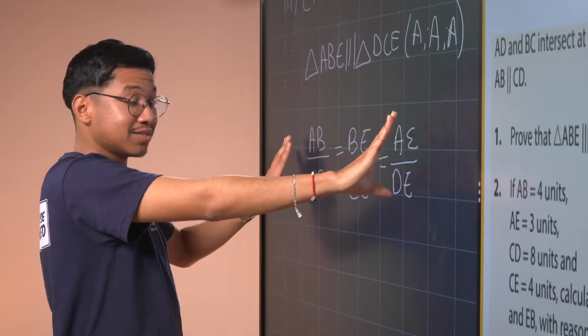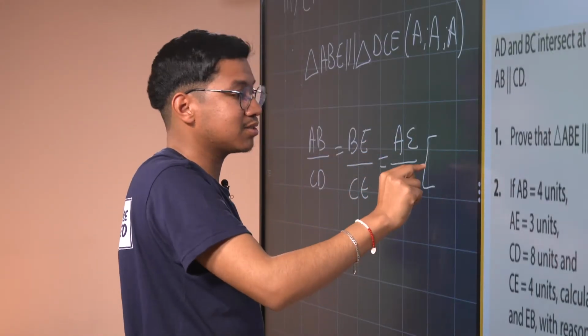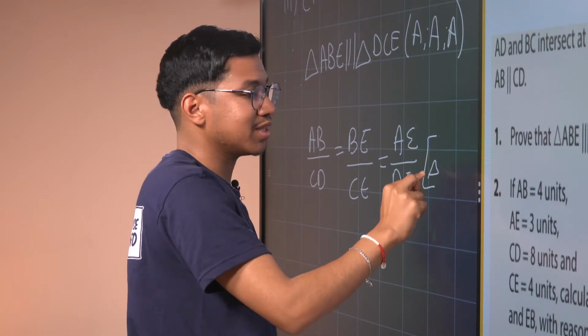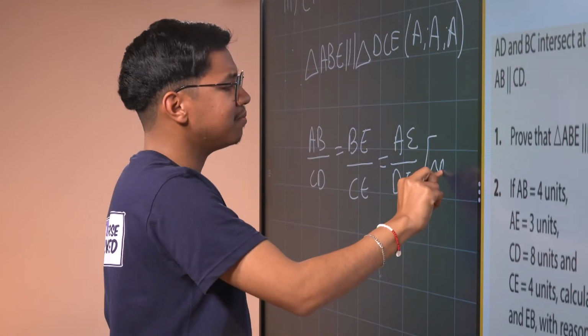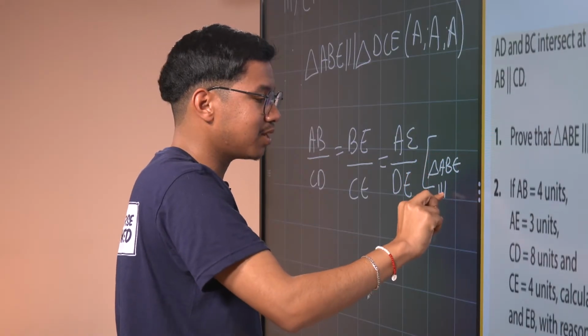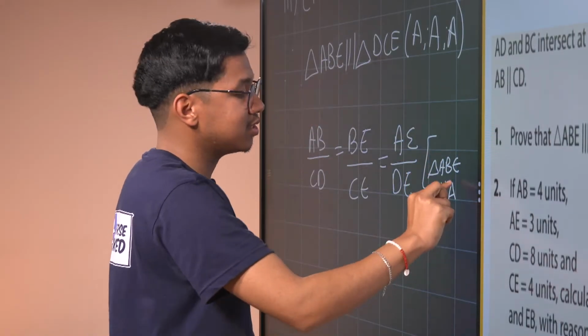Once you've made that statement, you put here in brackets, what gives me the right to say this? Because I have just proven that triangle ABE is similar to triangle DCE.